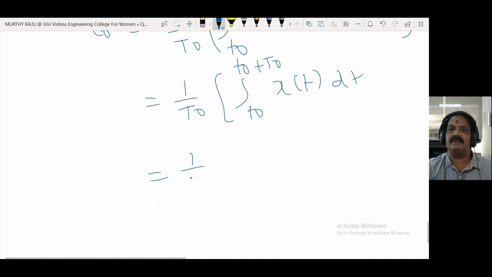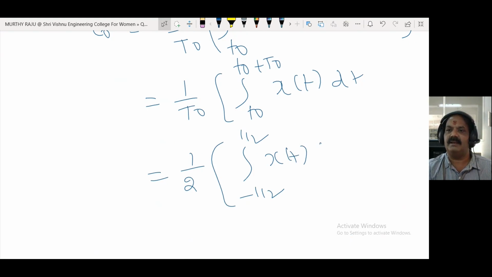We know that 1 by T naught is 1 by 2, integral from minus 1 by 2 to 1 by 2 of x of t dt plus integral from 1 by 2 to 3 by 2 of x of t dt.